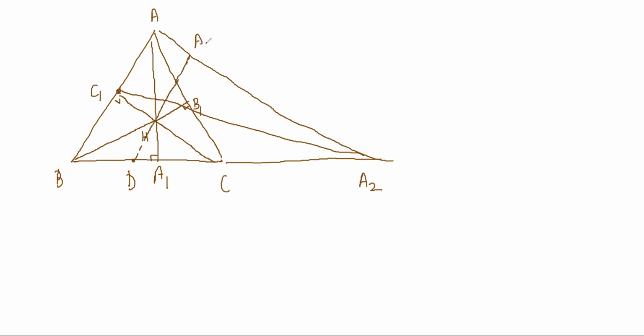This is my A3, and we have quadrilateral A3 A1 DA. A3 A1 DA is cyclic. A2C1 into A2B1 to A3.